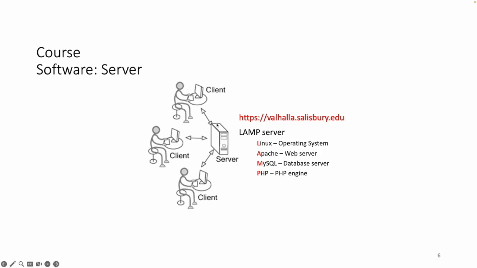And in this server, we installed four major software: Linux operating system, L; Apache web server, A; MySQL database server, M; and PHP engine, P. So taking the first letter of each software, we call this server a LAMP server.